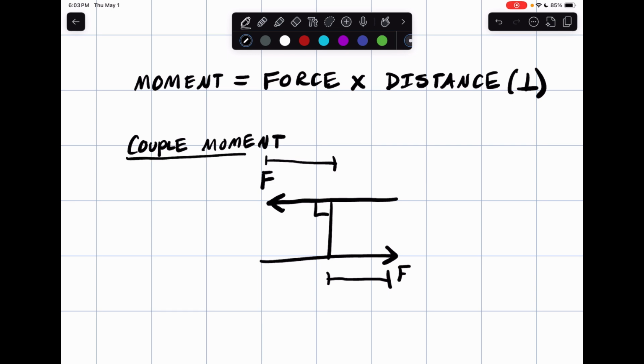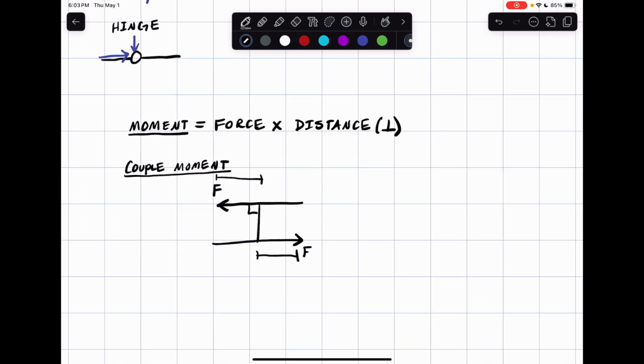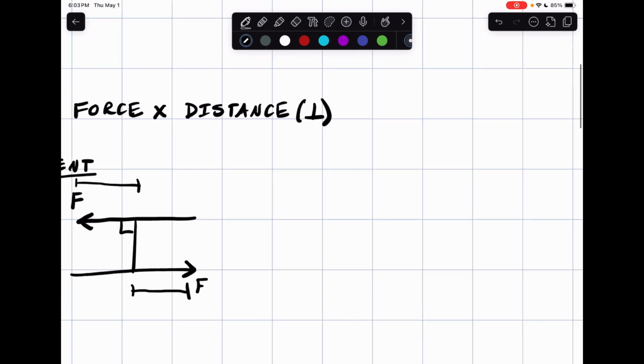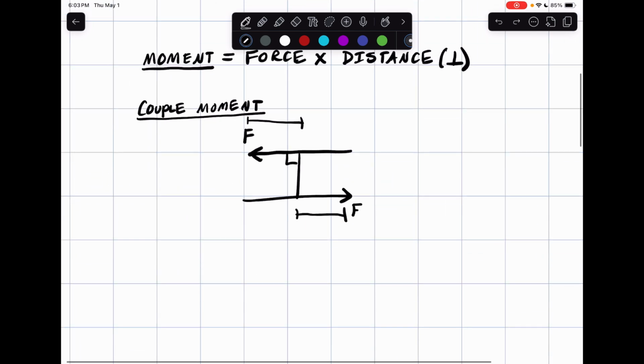So we have our couple moment, and then this is our moment. Now something else we could talk about is the units associated to a moment. Let me write that down here. Units. So since it's a force multiplied by a distance, we're going to have the units of a force and a distance.